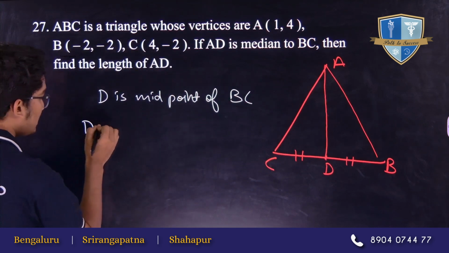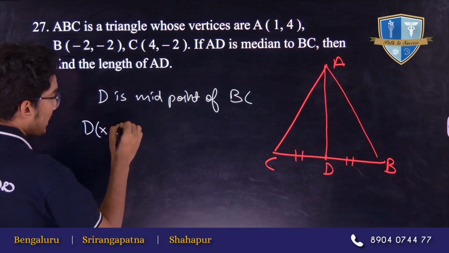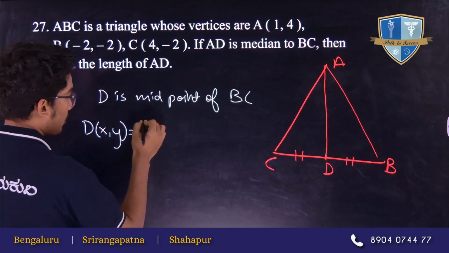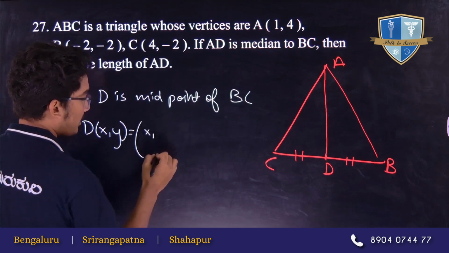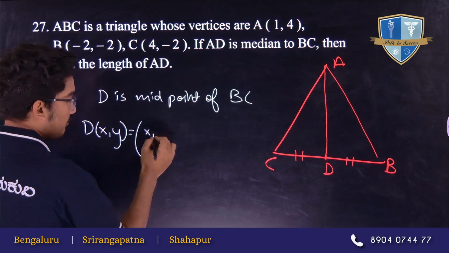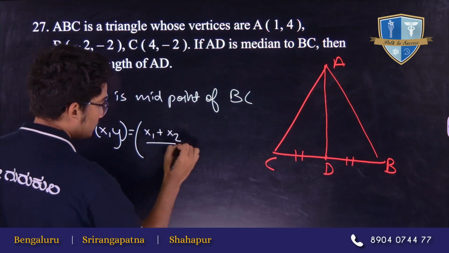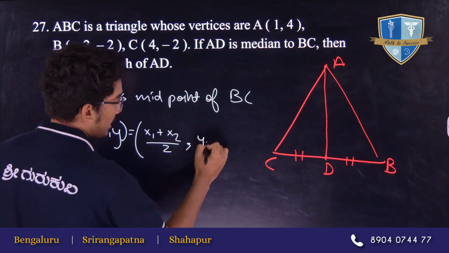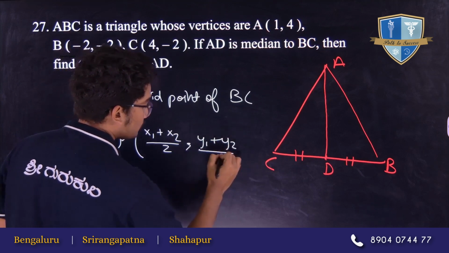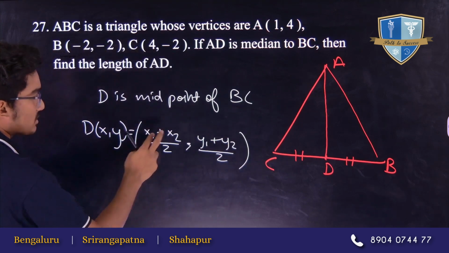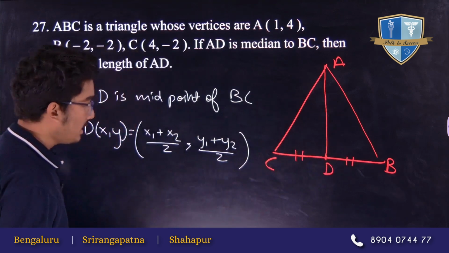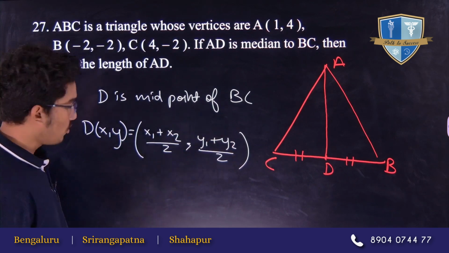Let's suppose D is some (x, y). The midpoint formula for two points (x1, y1) and (x2, y2) is ((x1 + x2)/2, (y1 + y2)/2). Here (x1, y1) is our B coordinate and (x2, y2) is our C coordinate.